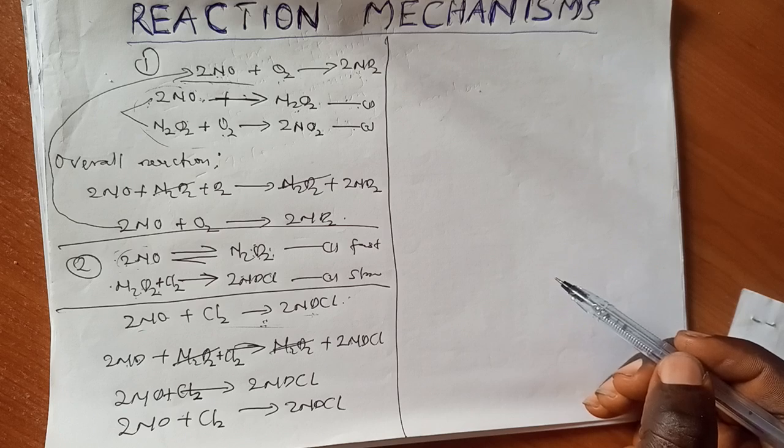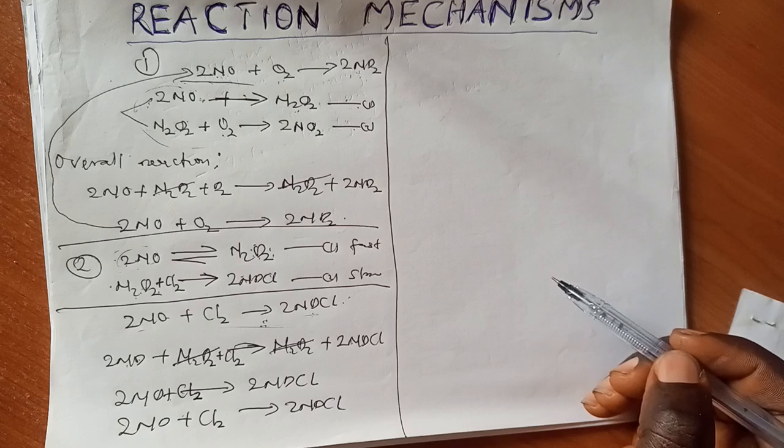But just note that most times, when it is a fast process, that is when the reaction just started, because as the reactant is consumed immediately, it will go very fast.